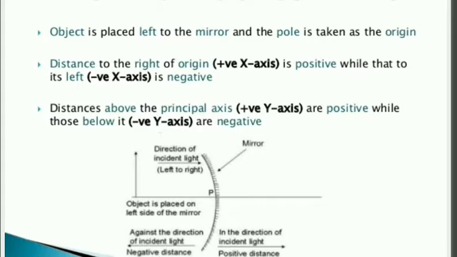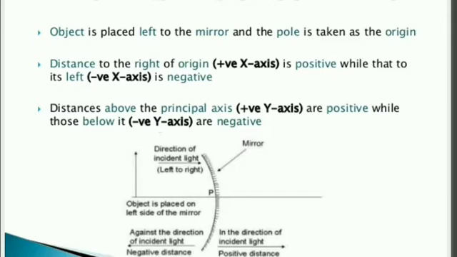This implies that the light from the object falls on the mirror from the left hand side. Then all distances parallel to the principal axis are measured from the pole of the mirror. Means whatever distance we take, we will always consider it from the pole of the mirror.